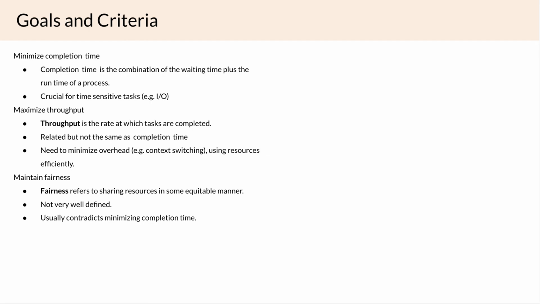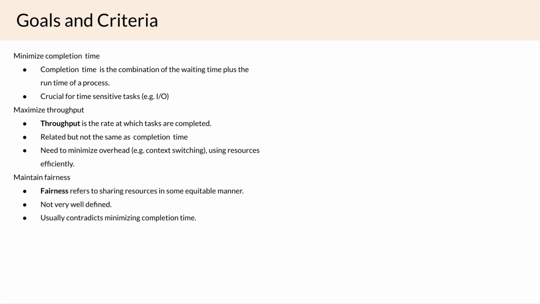So we have waiting time versus runtime. It's important to minimize completion time, especially for time-sensitive tasks. We don't want tasks that, for example, correspond to a user entering some commands in a video game to take very long, because then our users are going to get upset and our program is not going to be very good. So that's our first goal.